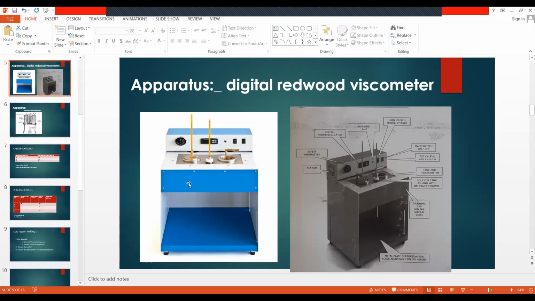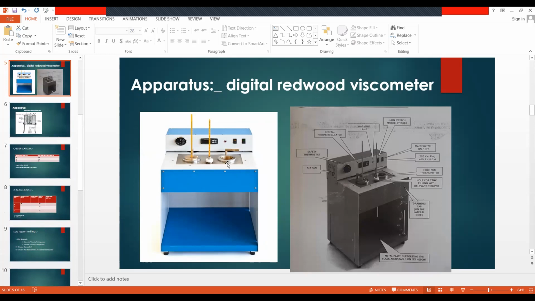There are two different places, so at the same time we can determine the viscosity of two different samples, but we are only going to use one part of this apparatus, this cup.